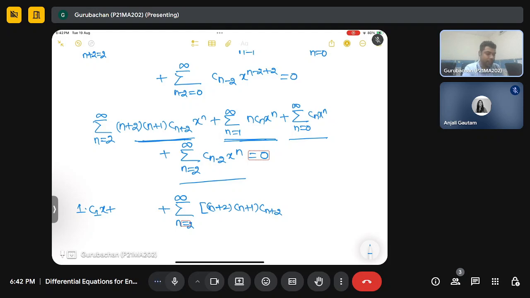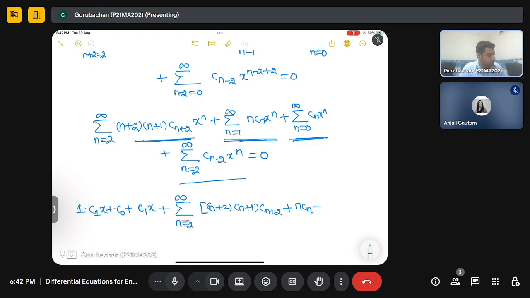Plus, from n equal to 2 it will again get into this relation, that is n Cn. While this particular power series is starting from x to the power 0, the first term will be C0 and the other term will be 1 times C1 x.